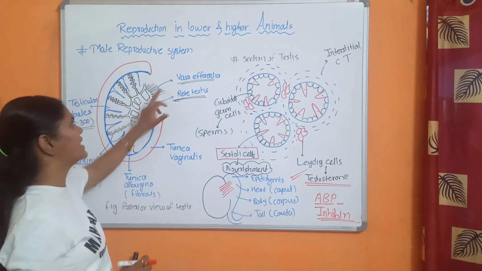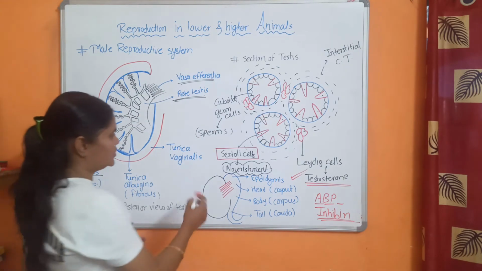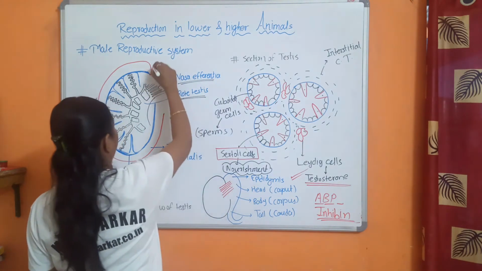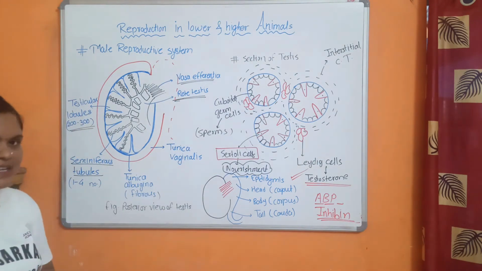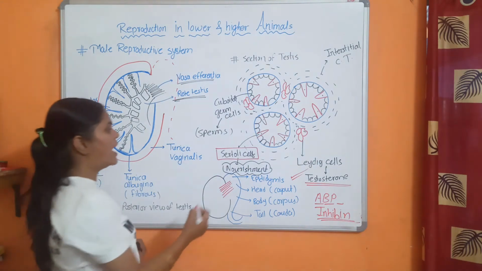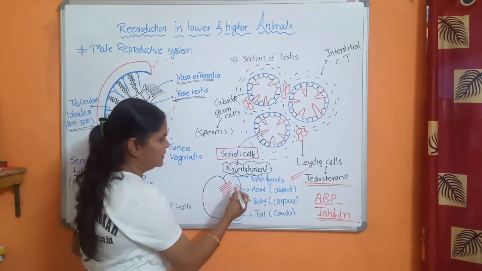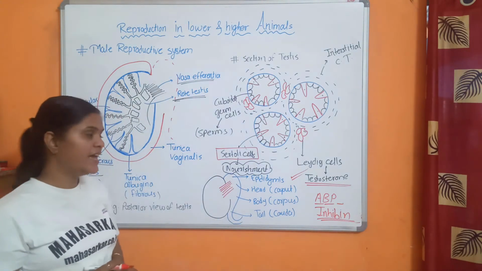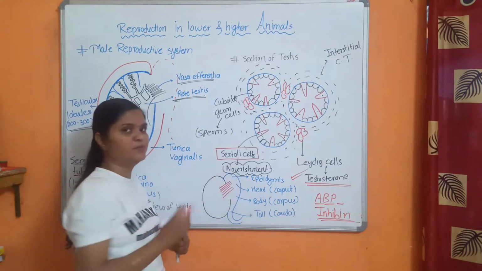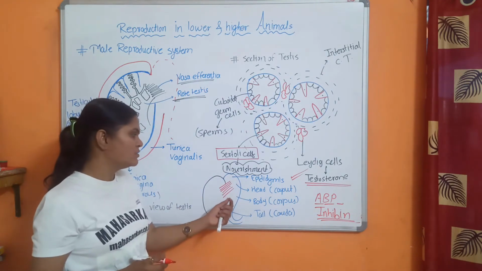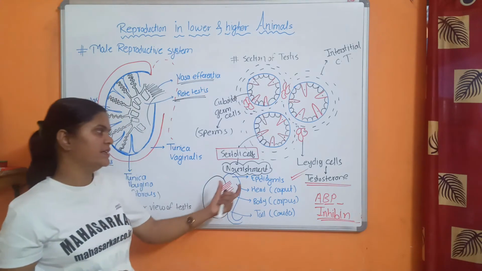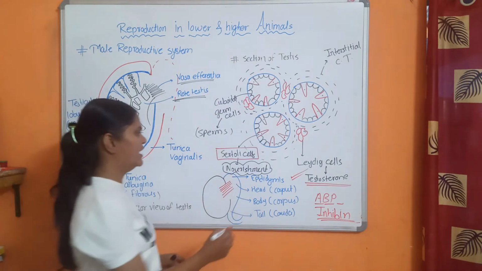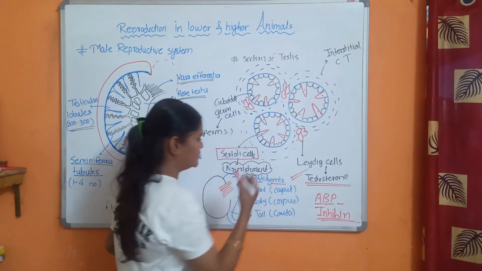And from vasa efferentia this structure is formed, called the epididymis. It is a highly coiled structure. What is the function of epididymis? It stores sperms, and sperms become functionally mature in this section.